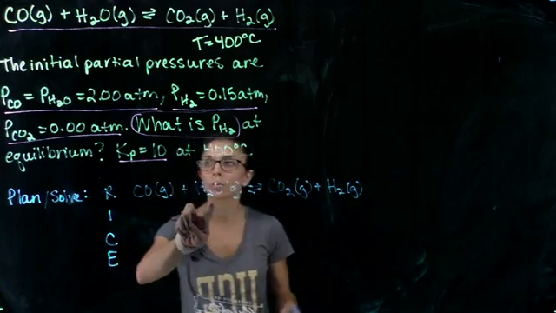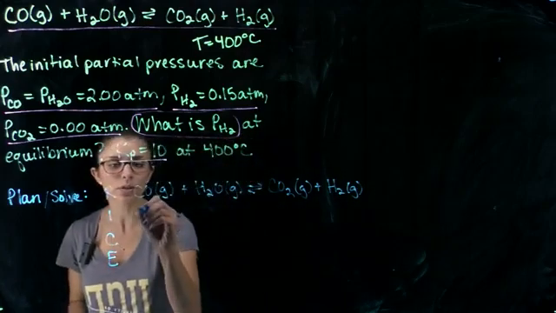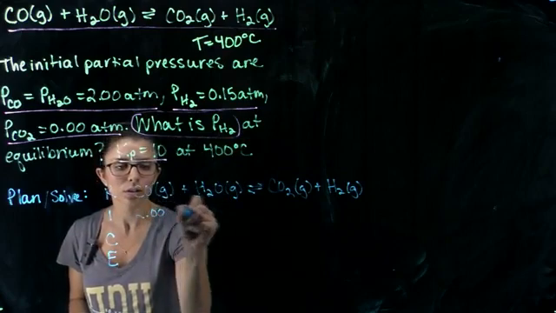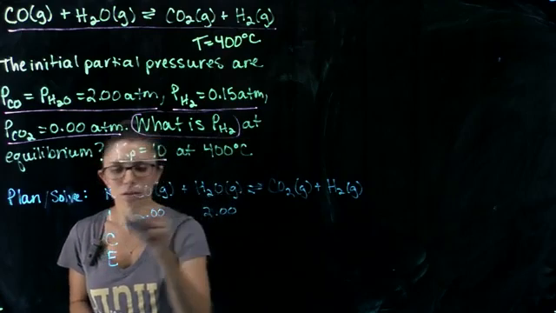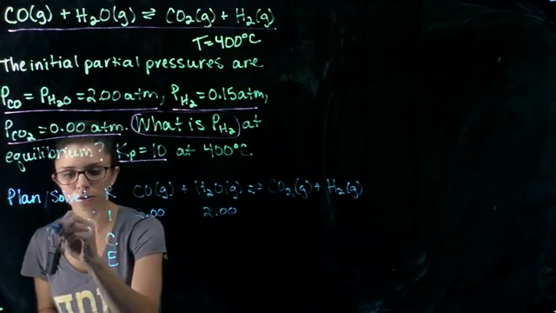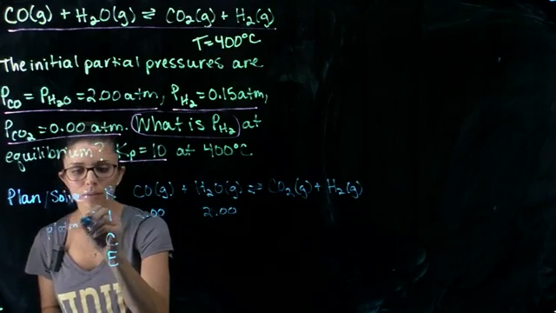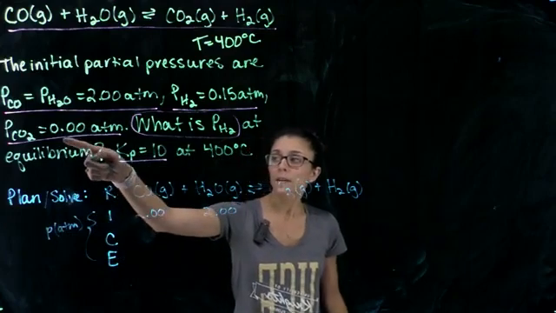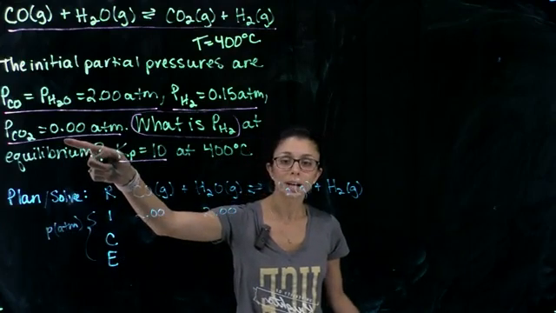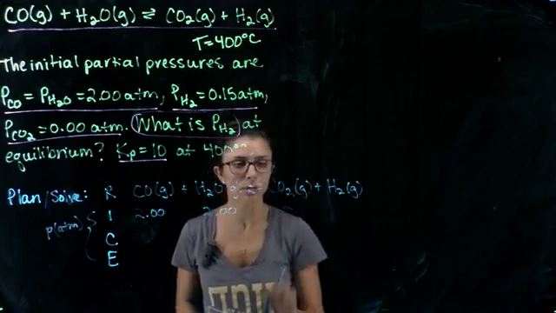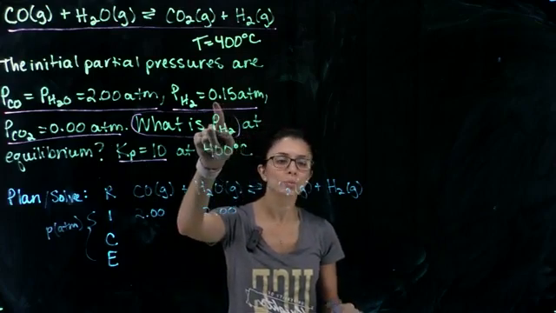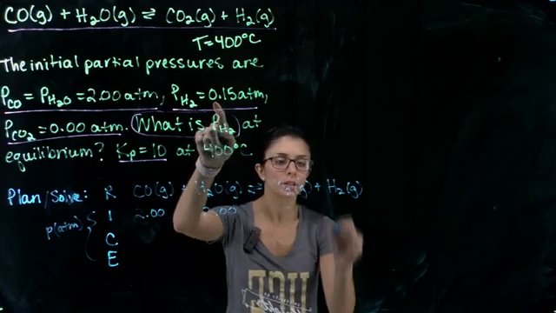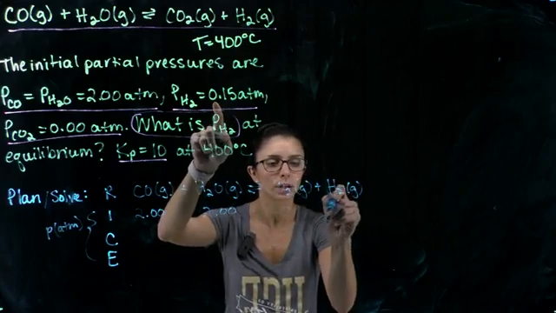Carbon monoxide and water are equivalent at 2 atmospheres. And so I'm going to say that these are all pressures in units of atmosphere. I said that there was no carbon dioxide present initially, and that the partial pressure of hydrogen is initially 0.15.